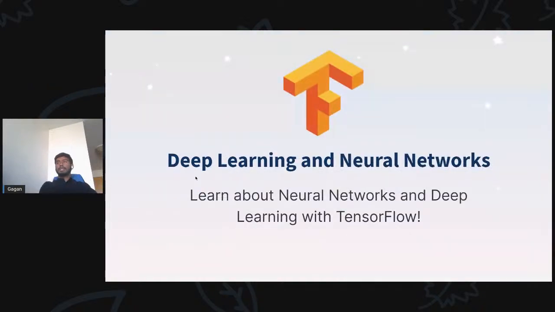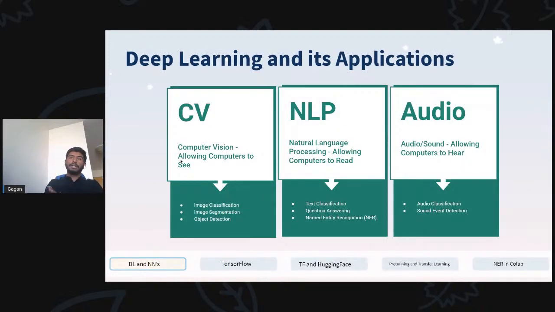So let's talk about what neural networks and deep learning are with TensorFlow. Before we actually talk about what deep learning is, let's first look at the interesting part, the applications of deep learning. There are multiple applications, and the most common ones are in computer vision, natural language processing, and audio and sound manipulation.